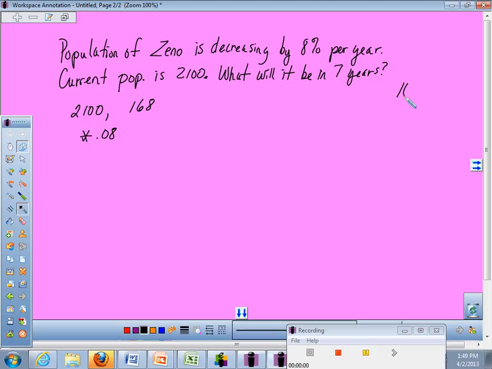You want to go up 8%? There we go. You have to take off the 8%. You're going to keep 92% of your population. You're losing 8% of it, but you're keeping 92% of it. So to figure out what your next population will be, you need to multiply it by 92%, not 8%. So that would put us down to 1,932.